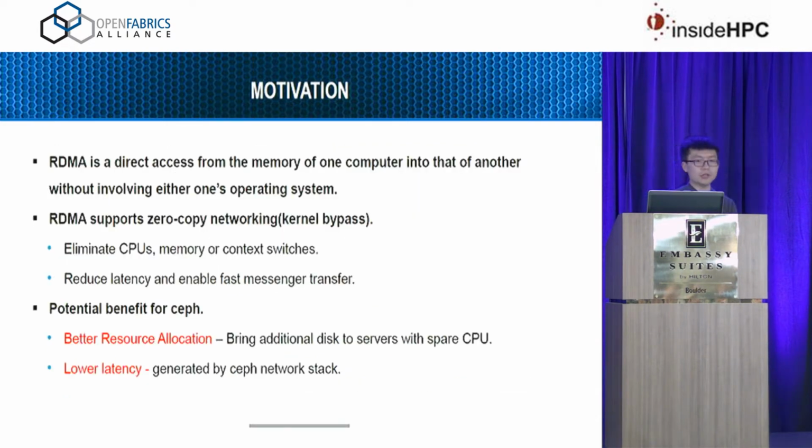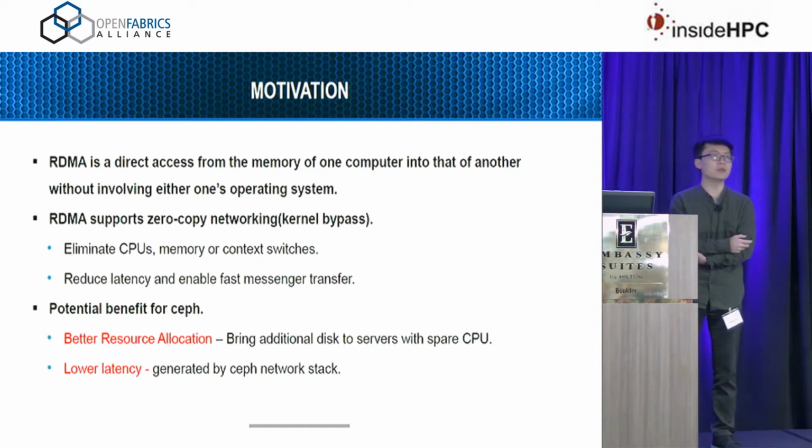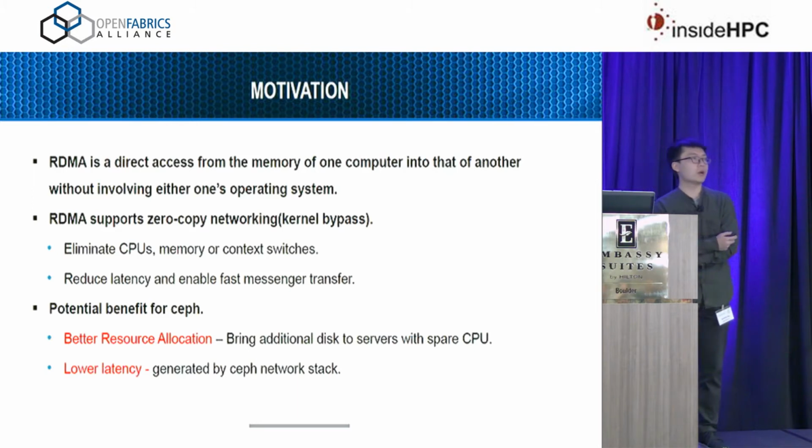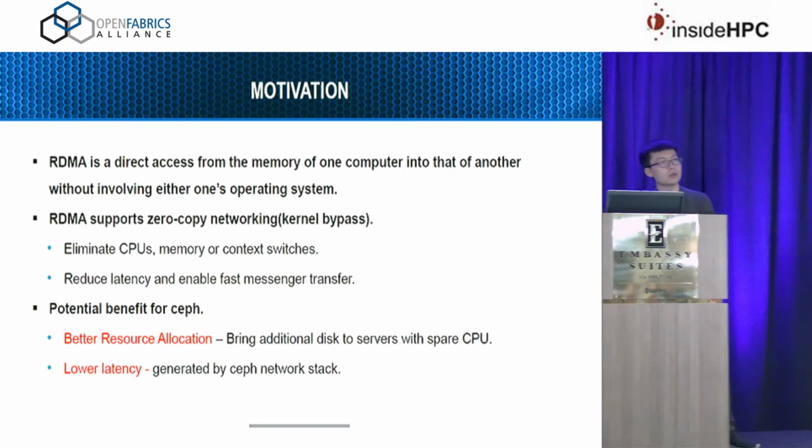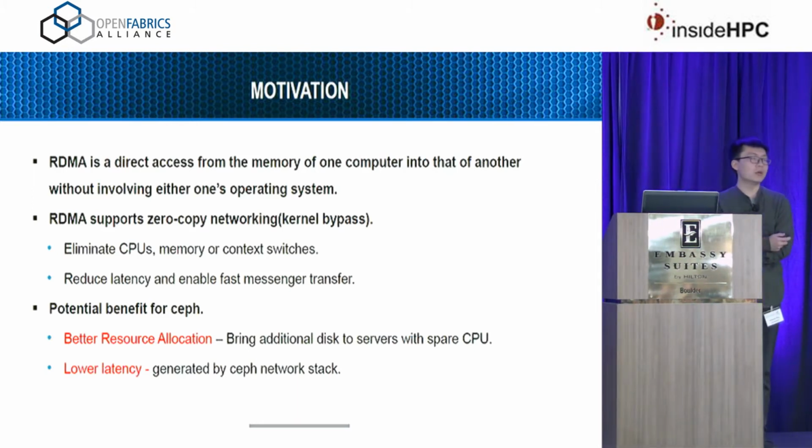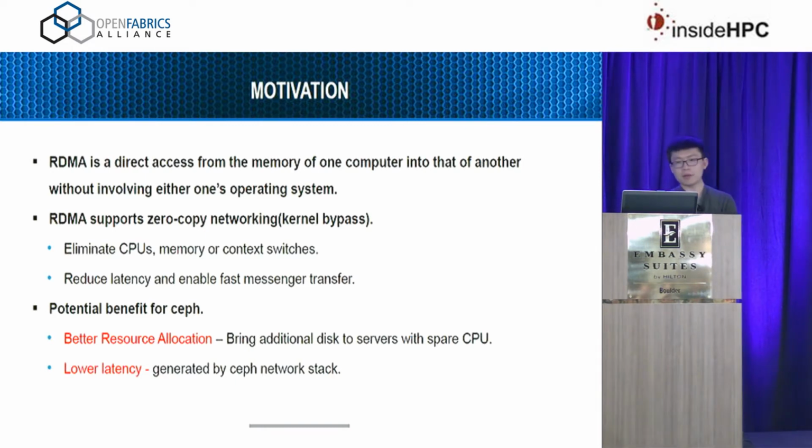So, the motivation. After days of investigation, we noticed RDMA. RDMA is direct access from the memory of one computer to that of another without involving the operating system. RDMA supports zero-copy networking. It can also be called kernel bypass. Since RDMA supports zero-copy and kernel bypass, it naturally eliminates CPU, memory copies, and context switches.